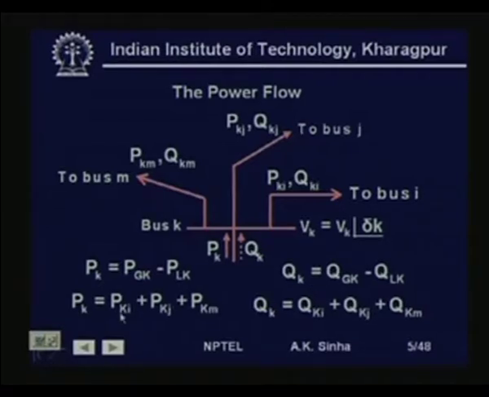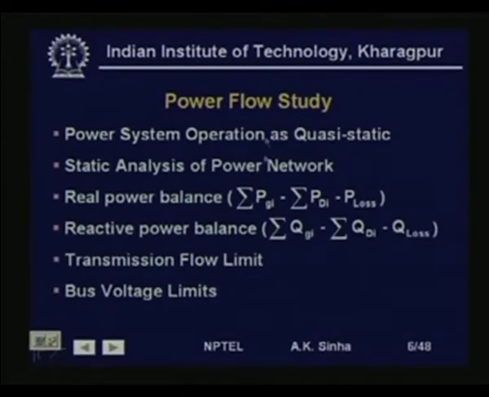So, what we need to do is write down the equations in terms of this, then we can solve those equations. That is what we do in power flow solution. In power flow study, we consider the power system operation as a quasi static operating condition. Power flow study is basically a static analysis of the power network.